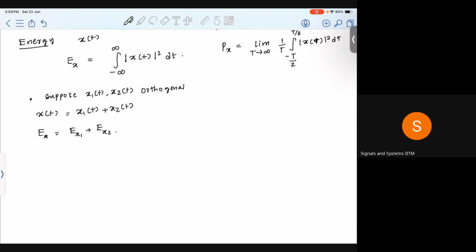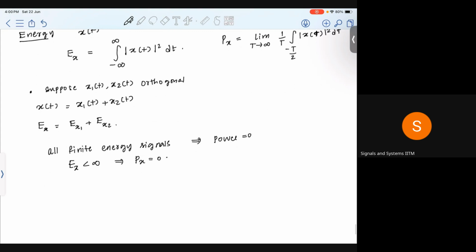And all finite energy signals have power 0. So suppose Ex is less than infinity, implies Px is 0. You don't even need to evaluate the power for such signals.